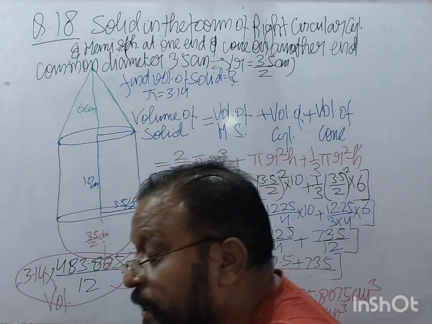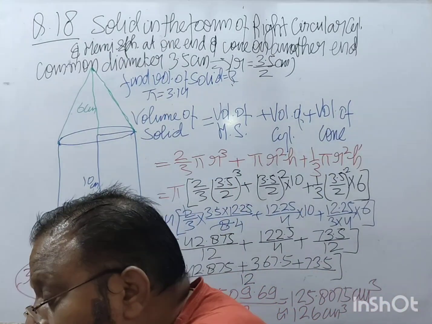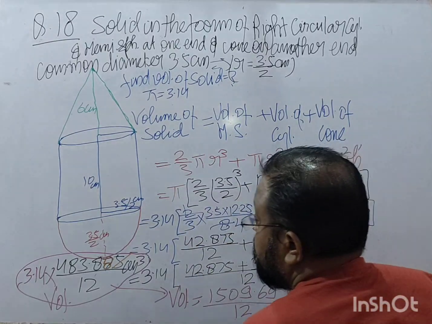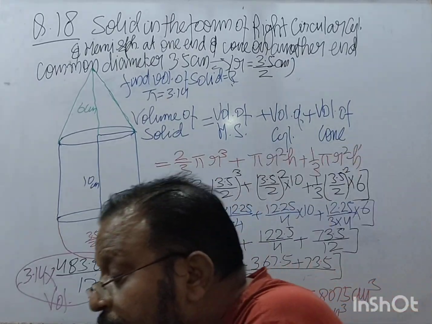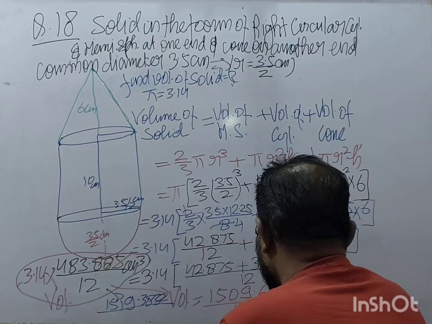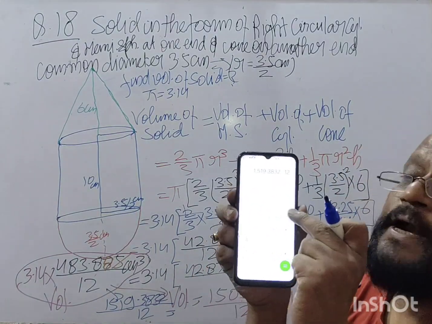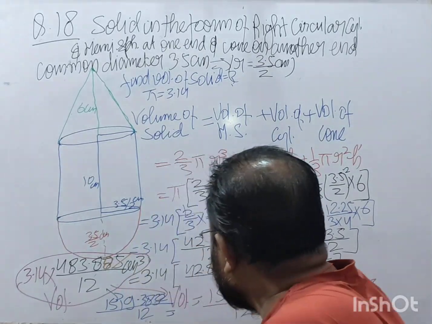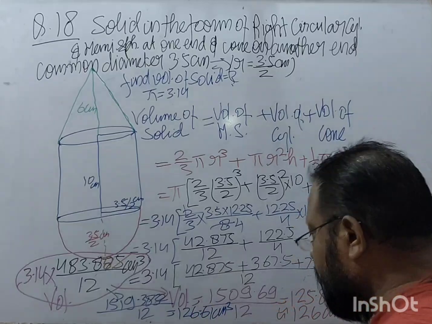And when you multiply this 483.88 into 3.14, then you will get 1519.3832 divided by 12, and then you get 126.61 centimeter cube, right?